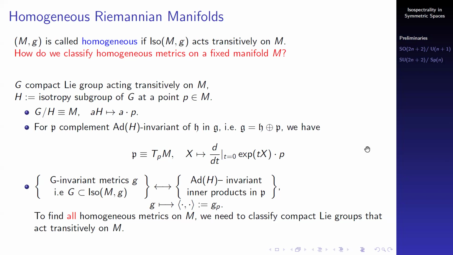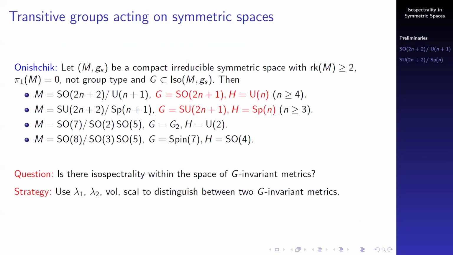Okay, let's continue. In this direction, we need to study groups acting transitively. This is a hard problem, so we restrict the groups in the following way. This is a result by Onishchik that says the following. Suppose (M, g) is a compact irreducible symmetric space with rank greater than or equal to 2.